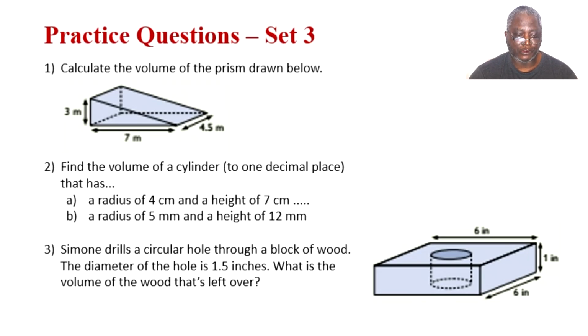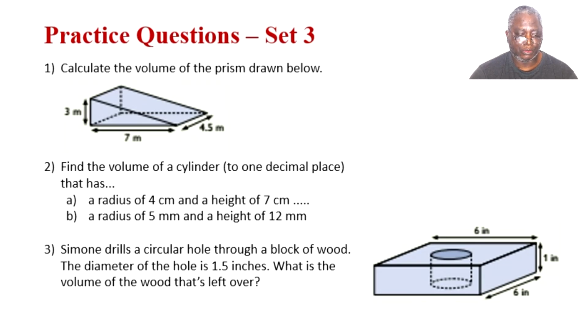Question 2. Find the volume of a cylinder to 1 decimal place. That tells you that you'll be working with pi, so don't forget. A, a radius of 4 centimeters and a height of 7 centimeters. And B, a radius of 5 millimeters and a height of 12 millimeters.